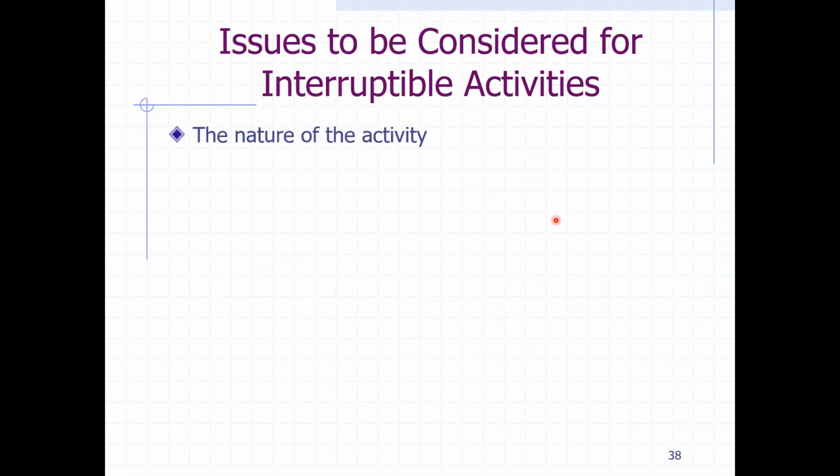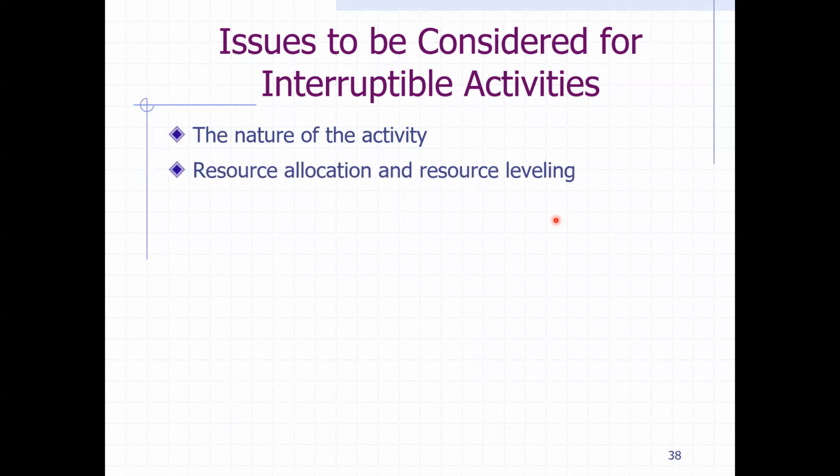So some issues to consider for interruptible activities, if we're going to work with them in this way, then we have to think of the nature of the activities. Of course, it differs from project to project, and therefore, if you're thinking of splitting, then you have to think of what side effects could come with it, the nature and condition of the project, the condition of the weather, and so forth.